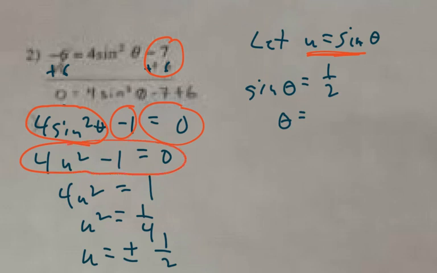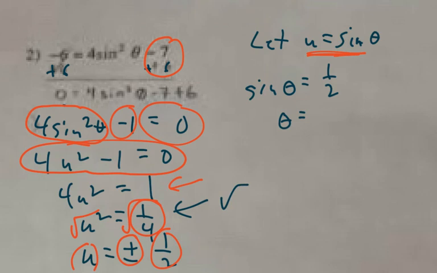And instead of factoring, I just solved it directly. I added 1 here, and then u squared is 1/4. And then I square root both sides. So u ends up being plus or minus 1/2. Remember, whenever you do a square root, you end up with a positive but also a negative answer.